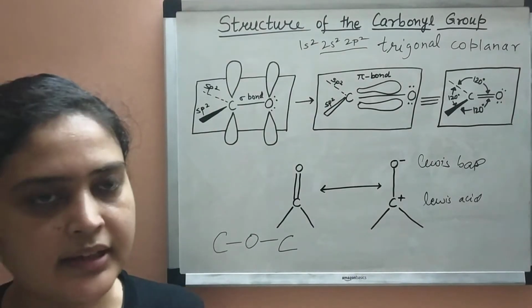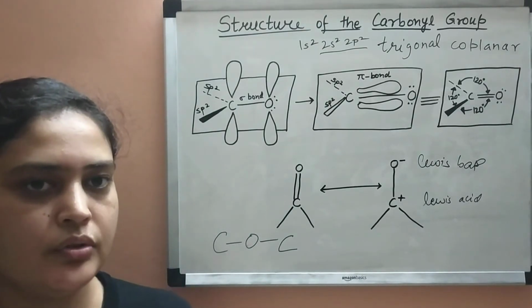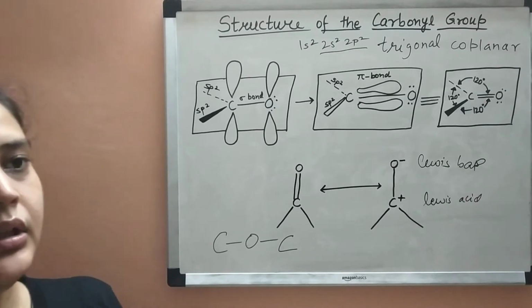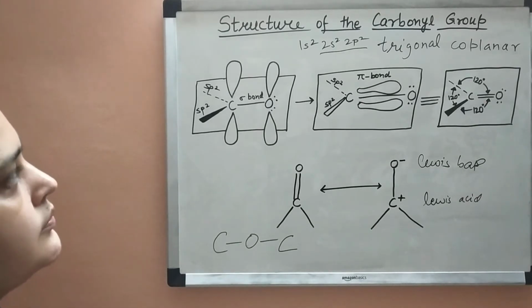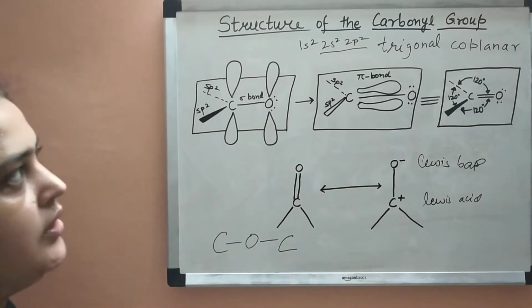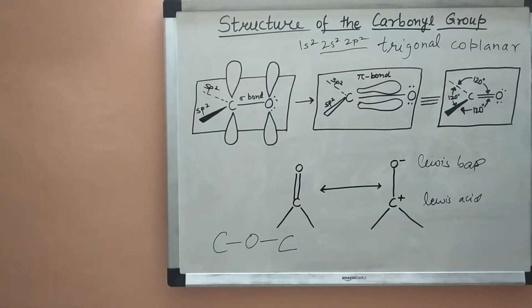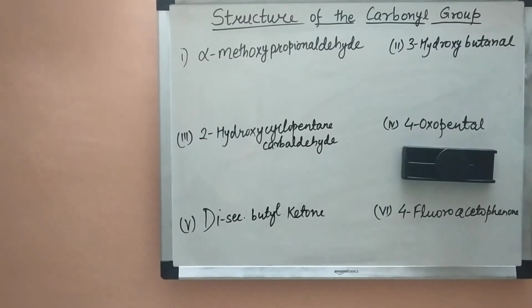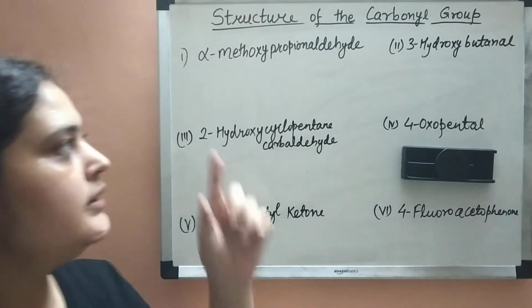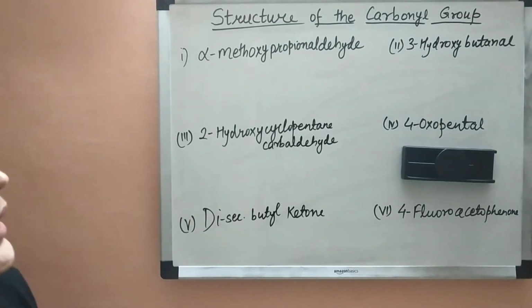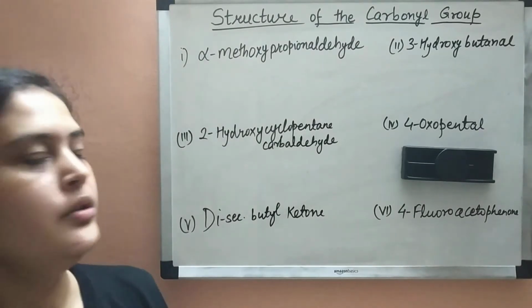Now in the last lecture we studied about the nomenclature. So we will discuss some questions so that you can find out the structure of the compound. So these are the names of the compounds and we have to make the structures. So let us start.